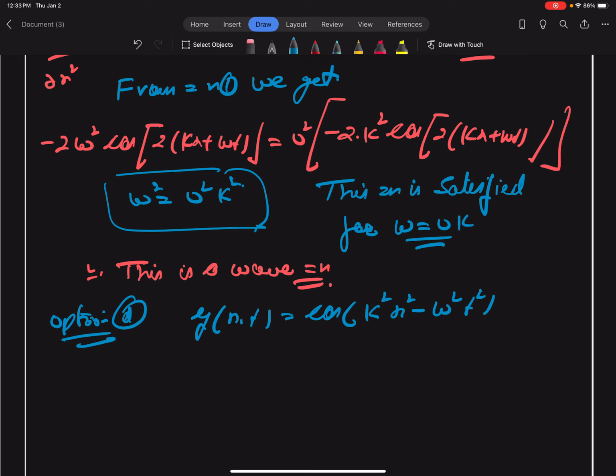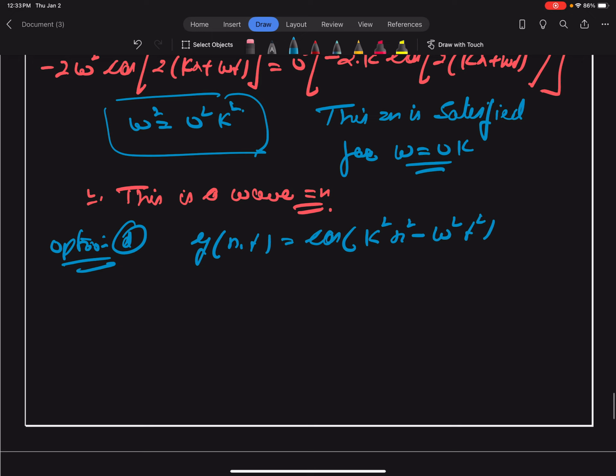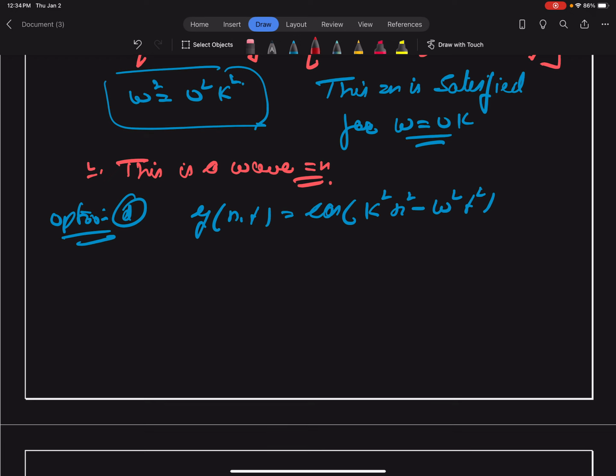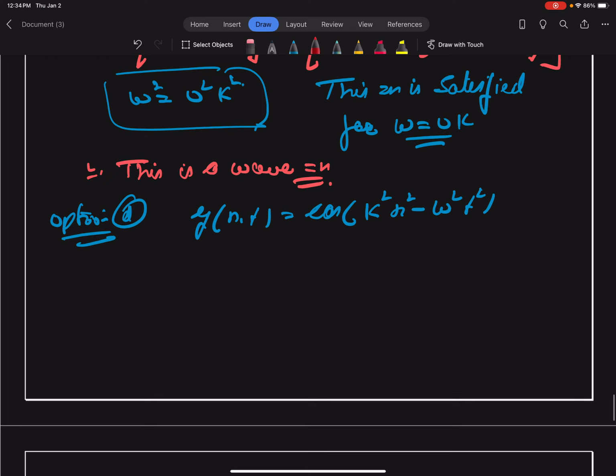So we are going to find out first derivative and second derivative with respect to time as well as with respect to displacement, that is x. So let us solve it for time.